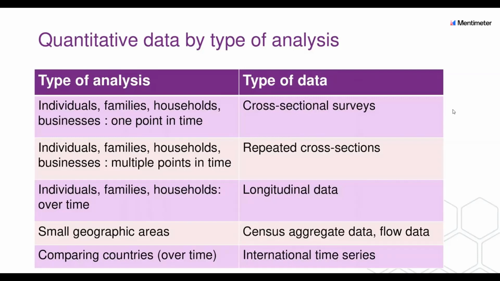There will be different release times for the 4 countries. And also we can get flow data, which would help us look at issues like internal migration, commuting, and student residence. And we get aggregate data about countries, from sources like the World Bank, that give us an international time series. So lots of different types of analysis are potentially available.